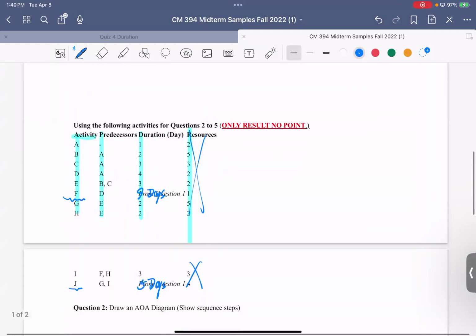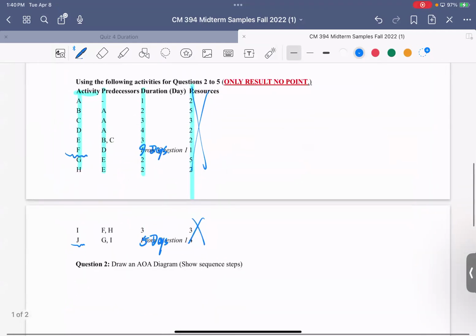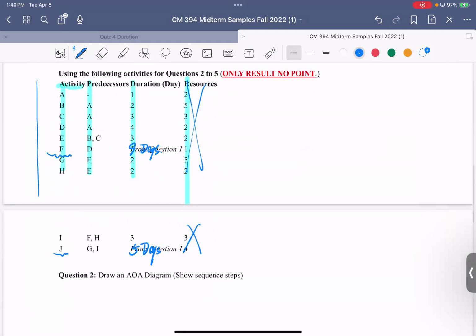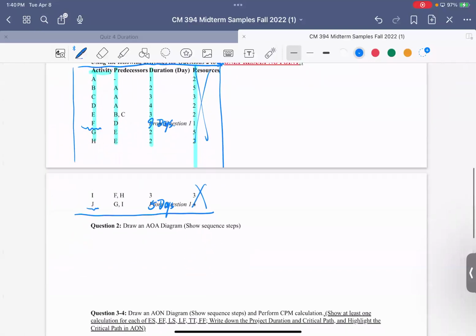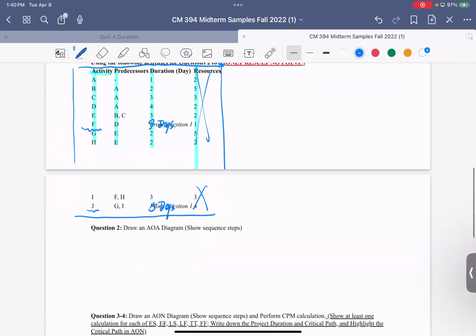So you are using this table here for your questions 2, 3, and 4. You don't have question 5, you only have question 4. Okay, so question 2 is about AOA. Do you guys remember what AOA means? Something like this, right?